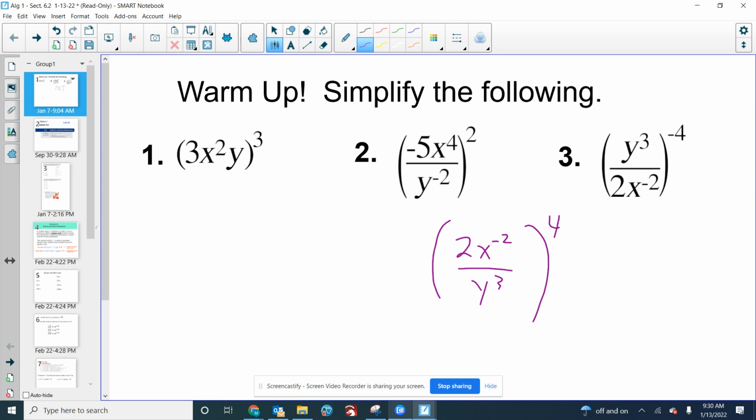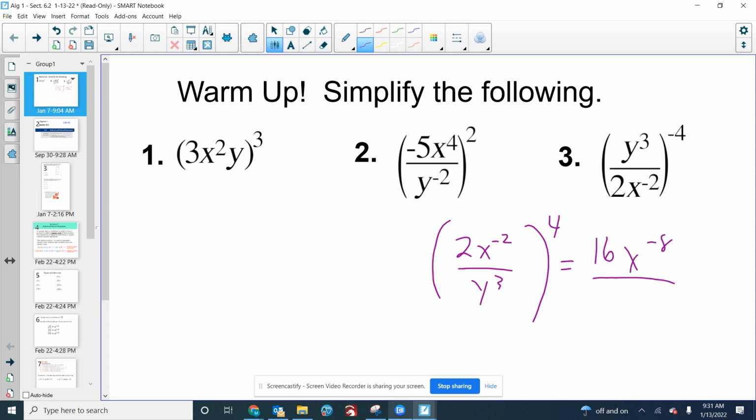Everybody good? Okay, what is 2 to the 4th power? 16. Now, when you raise a power to a power, what do you do with the numbers? Multiply. What's negative 2 times 4, guys? Negative 8.